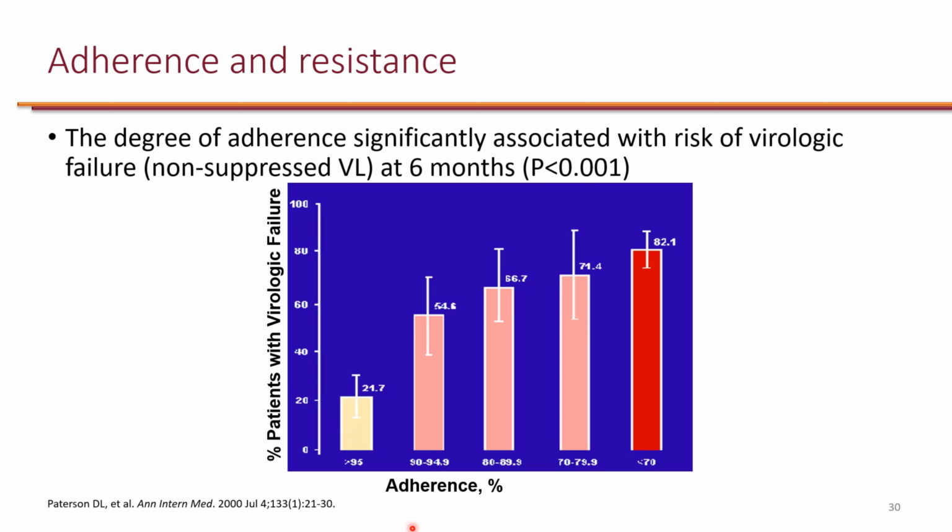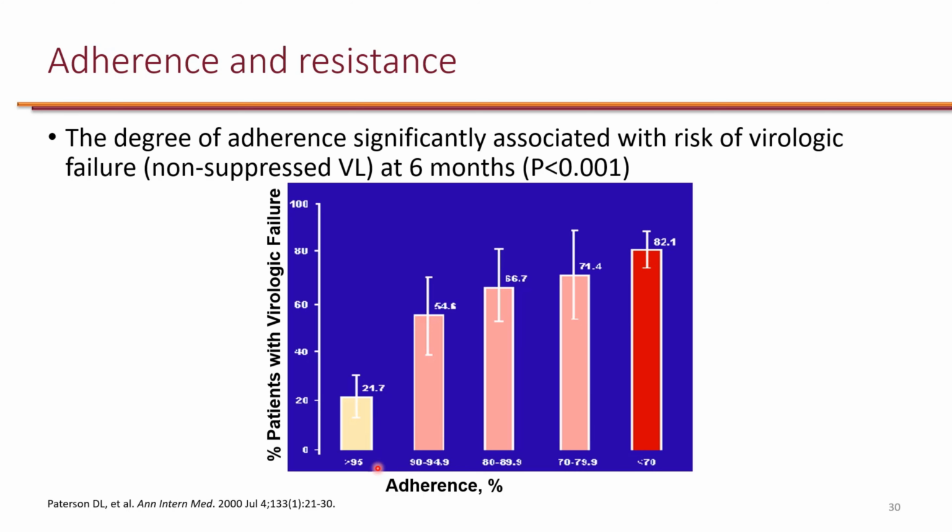Now, this study was published in 2000, so these numbers may actually be different today because our drugs are more potent. But what they looked at is different percentages of adherence and the percentage of patients that actually had virologic failure on the vertical axis. So you can see that when adherence was less than 70%, the HIV regimen basically became worthless because the failure became as high as 82% or even more.